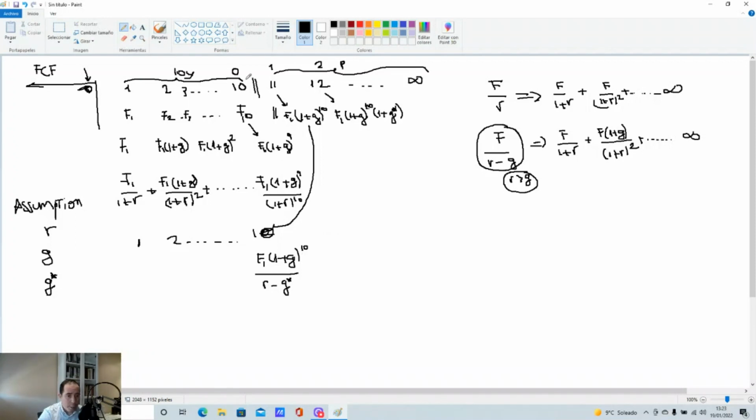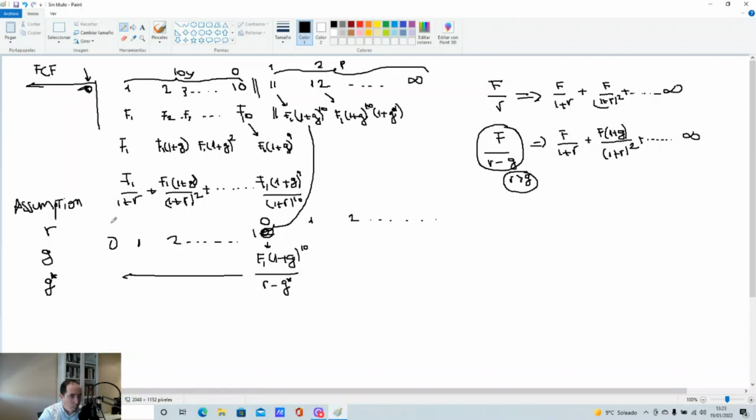Now this is the year 0, because we are calculating the intrinsic value, the present value of this sequence, which is the perpetuity. All this sequence will get a present value, which is this, but it should be located in year 10. But then we have to calculate another present value, because in reality we are in year 10.